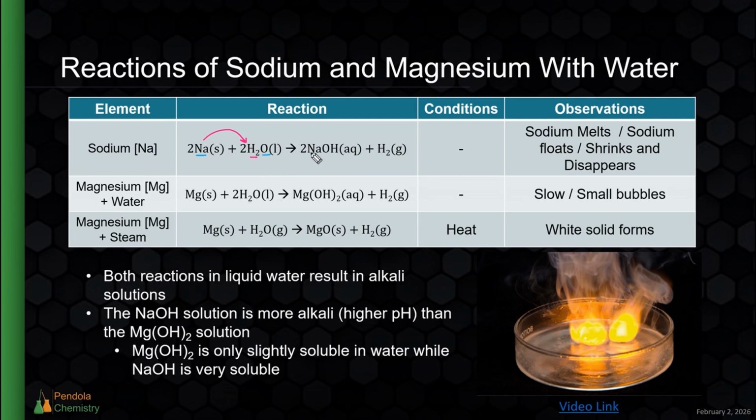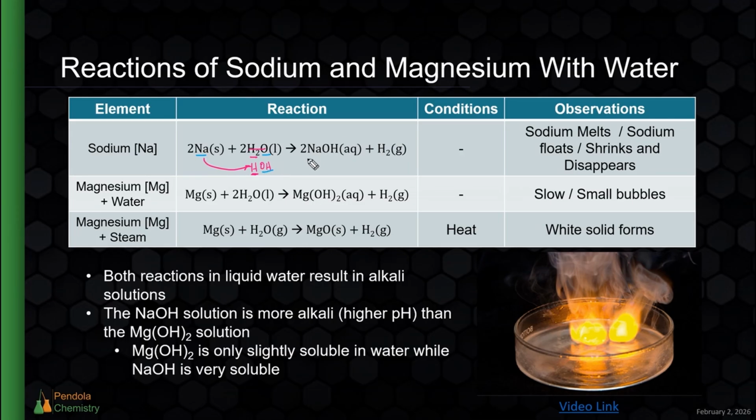We create the sodium hydroxide because when we look at the water, what we should be picturing is not H2O, it's HOH. So the hydrogen gets replaced with sodium, and the sodium ends up pairing up not with oxygen but with OH, with hydroxide.